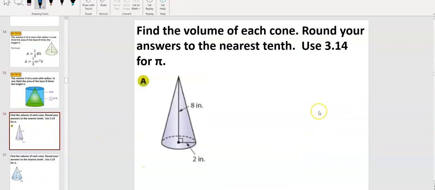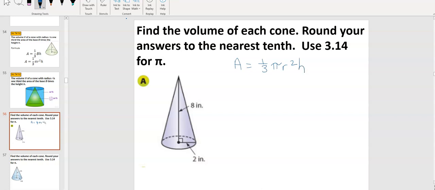So let's show you what that looks like, okay? So here we go. Here's our cone. We're going to use 3.14 for pi. Our formula is 1/3 pi r squared times height.